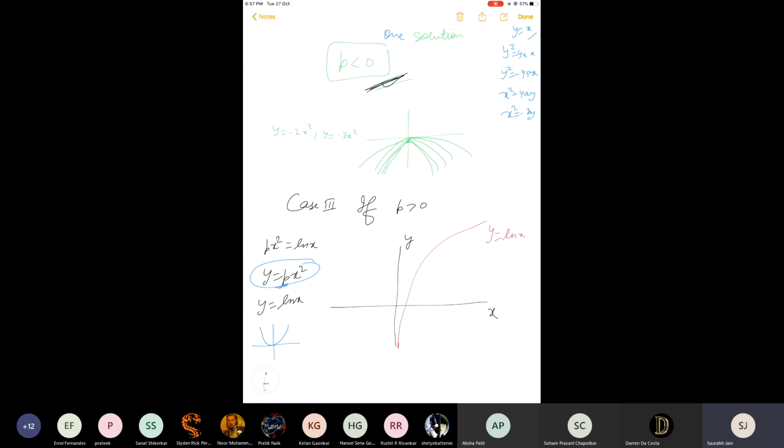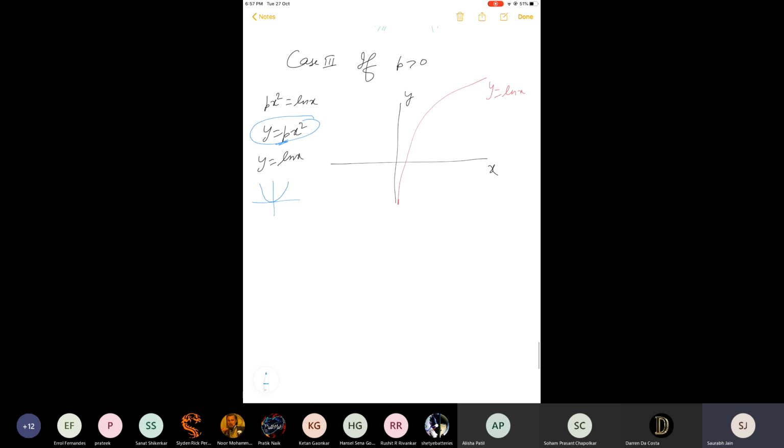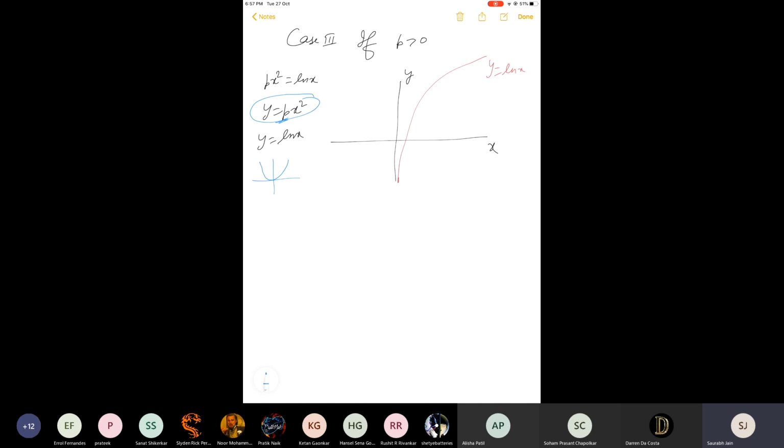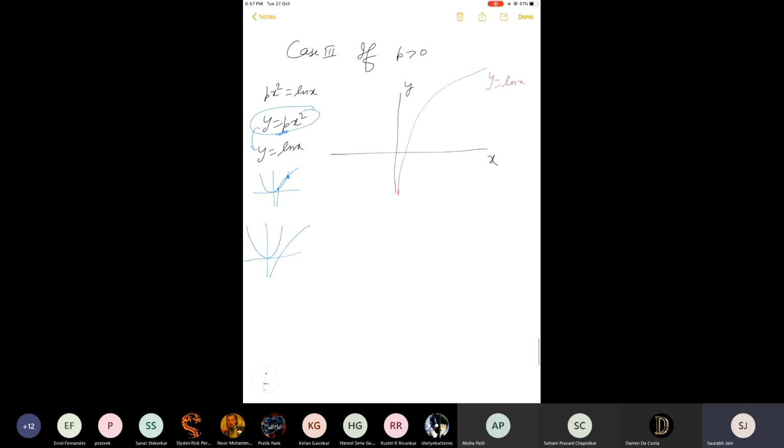Suppose this is your y equals px square. Then if you draw a curve like this, y equals ln x, it will be intersecting at 2 points. So you will get two values of x, but I want only one value. If you draw a graph like this, that is also not acceptable. They want us to get one solution.